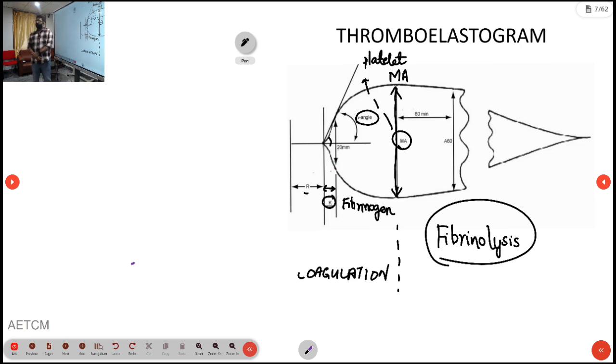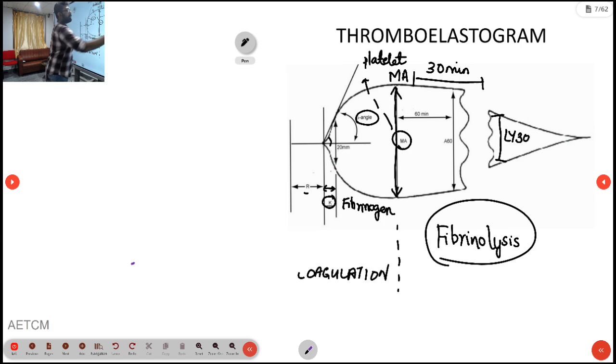And then LY30. LY30 is the amplitude 30 minutes after the maximum amplitude. From MA to after 30 minutes, that amplitude is determined as LY30.